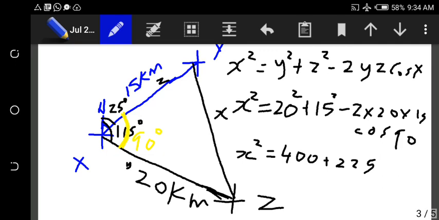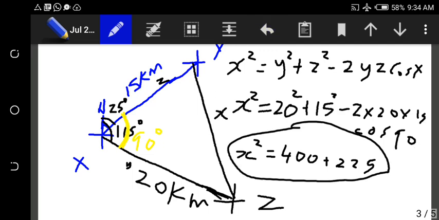When you punch your calculator, cos 90 is 0. That means all of this evaluates to 0, because 2 times 20 is 40, times 15 is 600 or thereabouts, times cos 90, which is 0, everything will give you 0. So all that evaluates to 0, leaving us with just this one here.